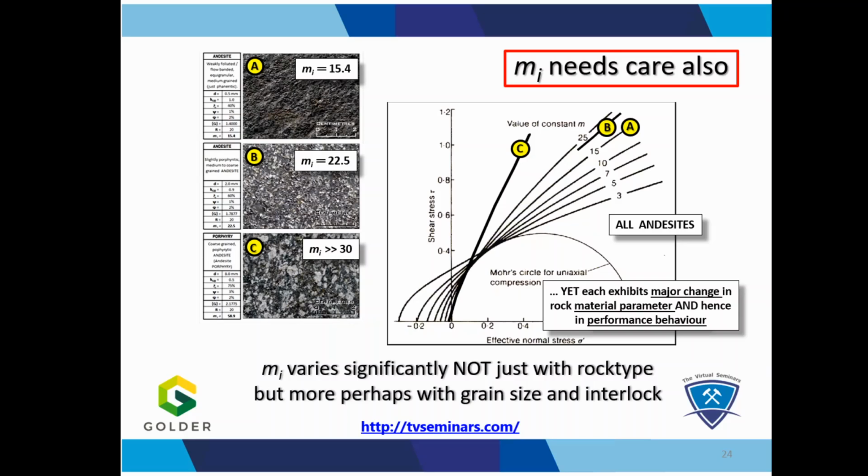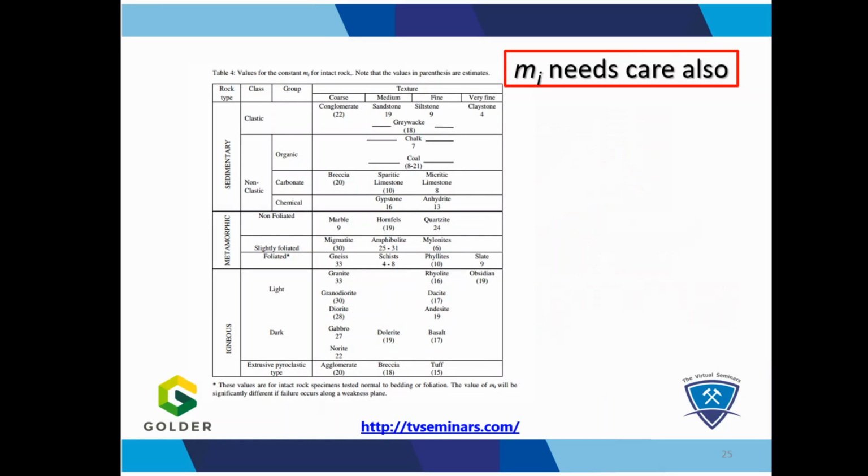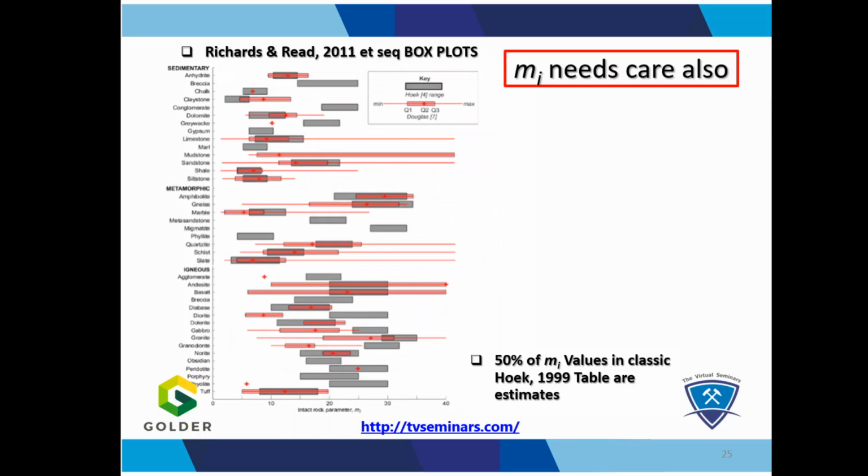So we need to be very careful that we don't mix, again, apples and oranges. We should be aware that 50% of the original table are estimates, not hard data. Richards and Reed have demonstrated this clearly in a box plot since 2011, that the ranges of MI for certain rock types far exceed those included in the original Hoek table.